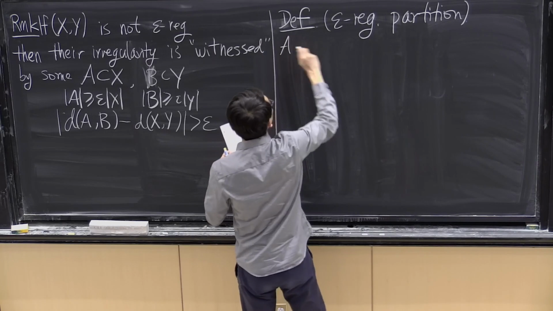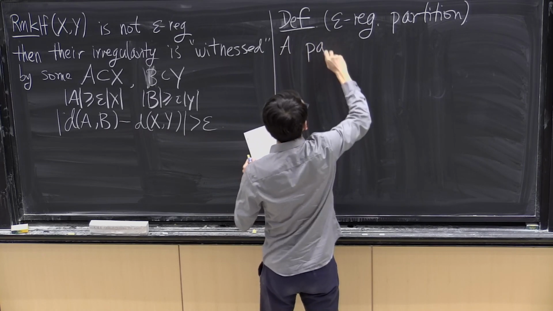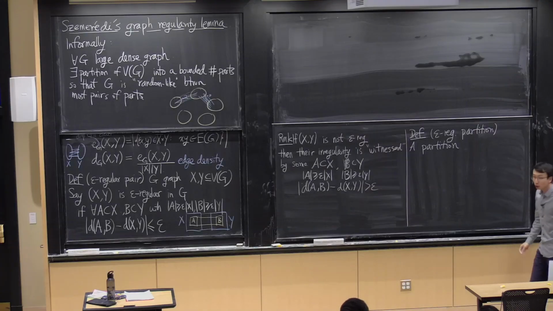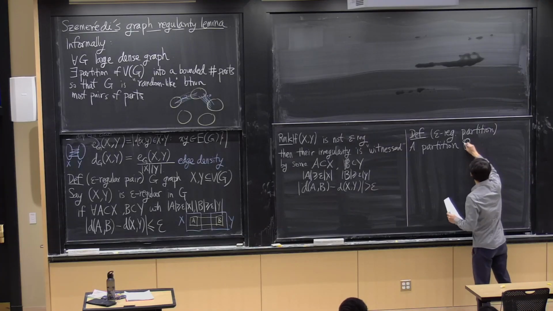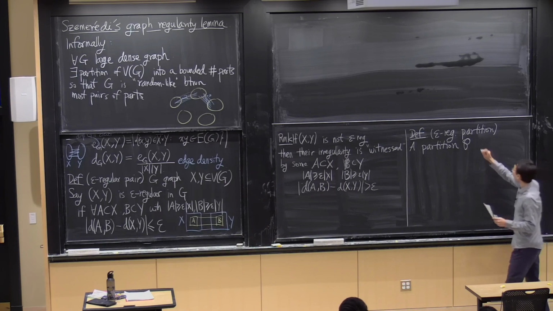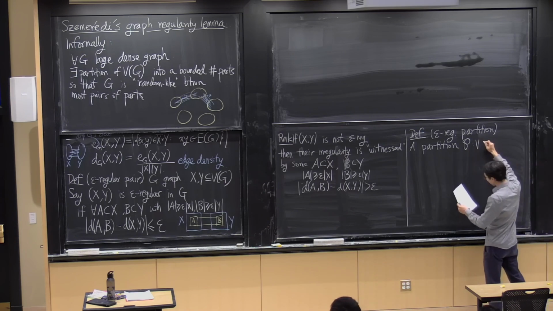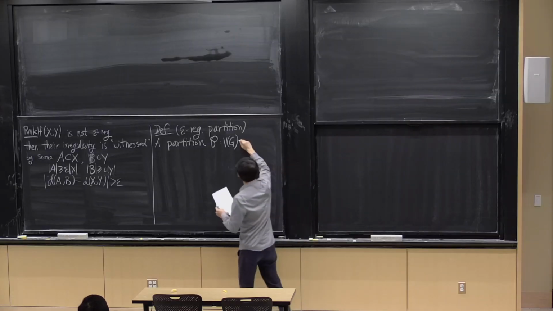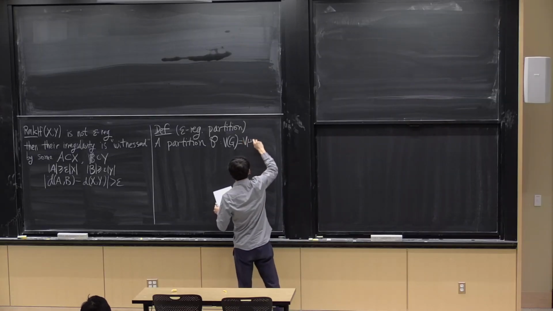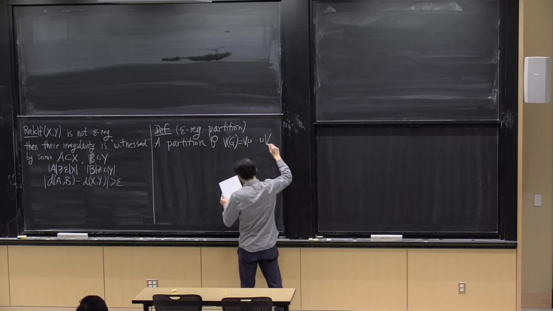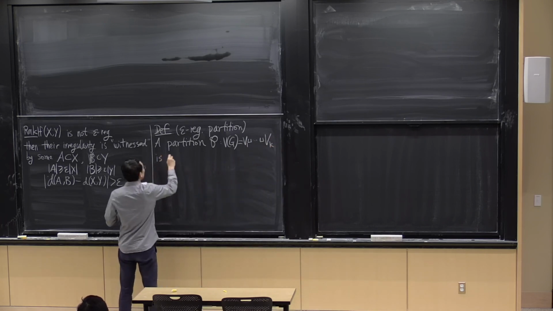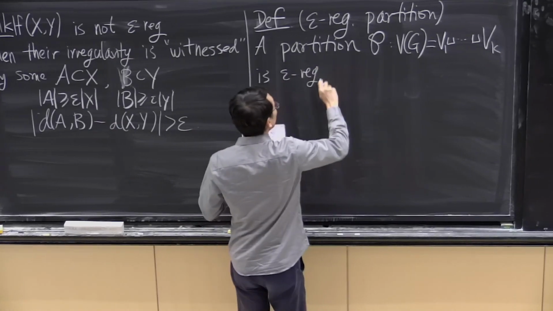So we say that a partition, and generally I'll denote partitions by curly letters such as P, so the partition will divide a vertex set into a bunch of subsets.